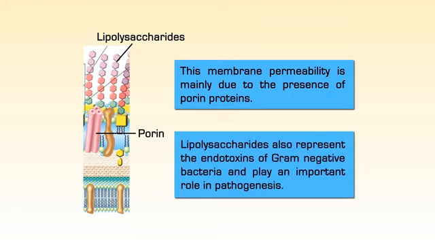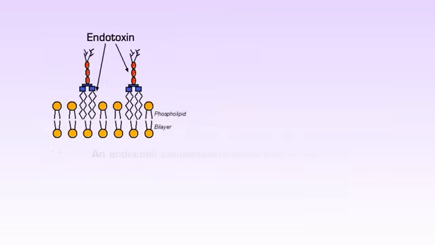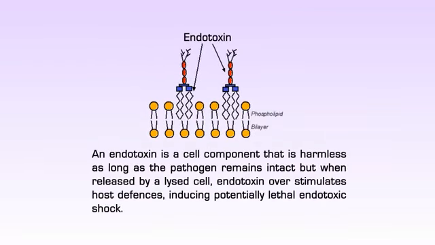Lipopolysaccharides also represent the endotoxins of gram-negative bacteria, and they play a very important role in pathogenesis. An endotoxin is a cell component that is harmless as long as the pathogen remains intact.